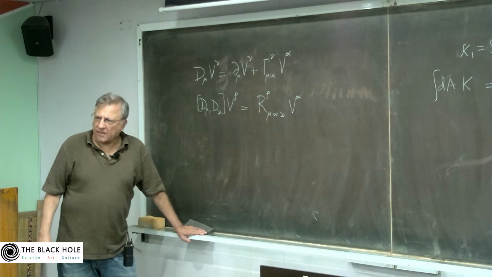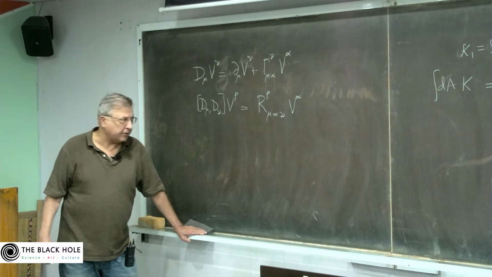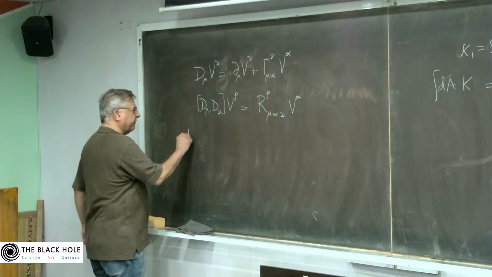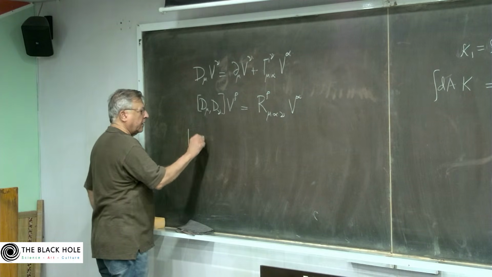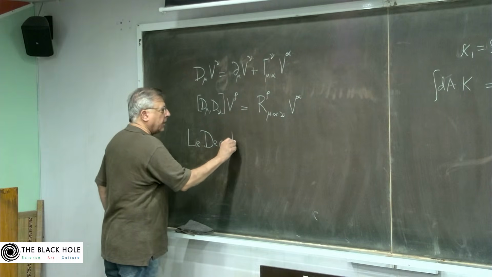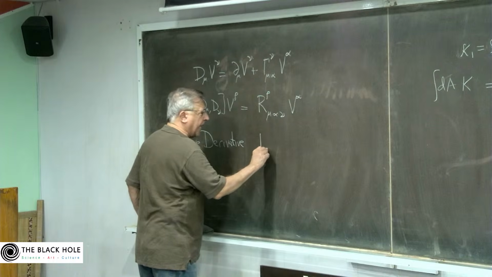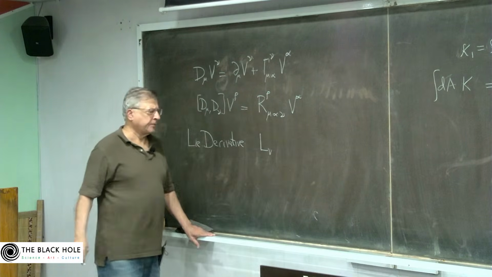There is another derivative which is very important in general relativity, in differential geometry in general, and that is called the Lie derivative, which is L_V acting on something.